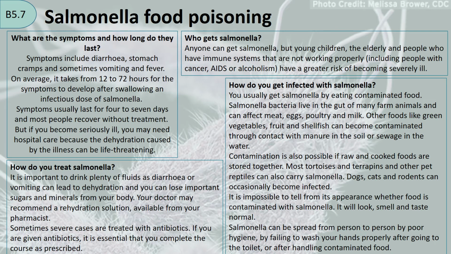How do you get infected with Salmonella? So most of the time it's through foodstuffs. So eggs used to be a real issue. If you have got grandparents, they're probably very, very paranoid about thoroughly cooking eggs and meat, especially chicken.